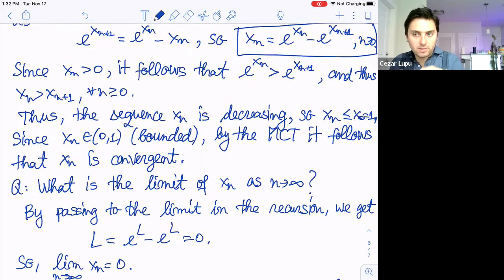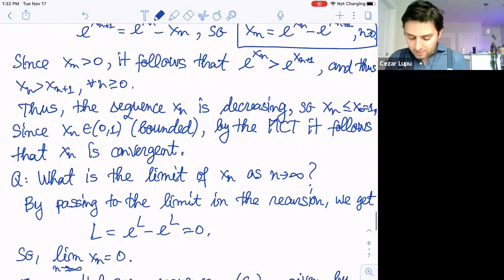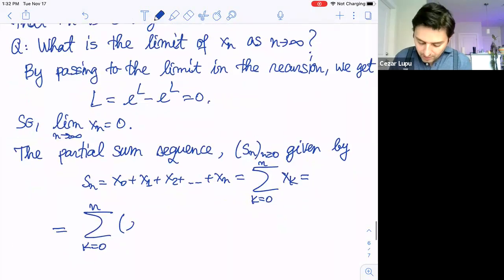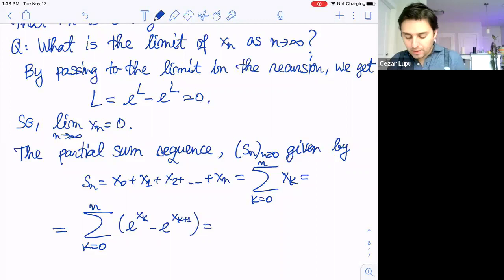Look at the relation. You see the box, so this would be equal to e to the xk minus e to the xk plus 1, and now this will be a telescopic sum, right?